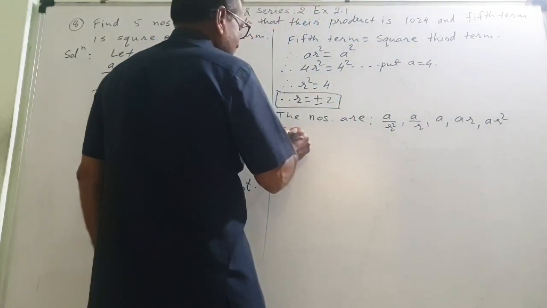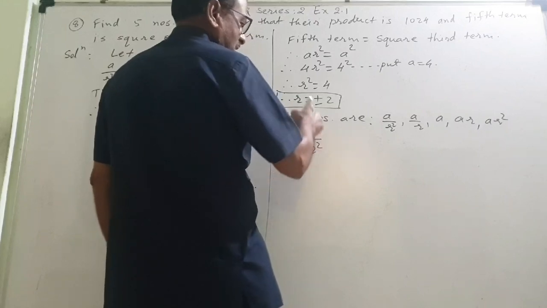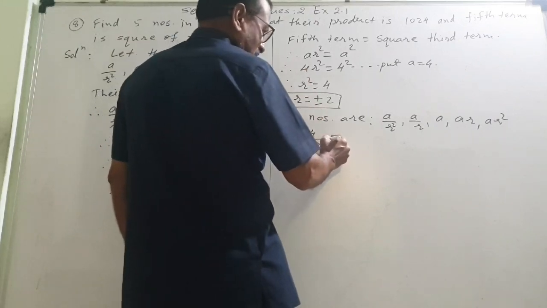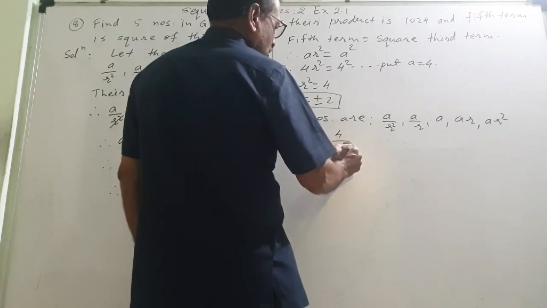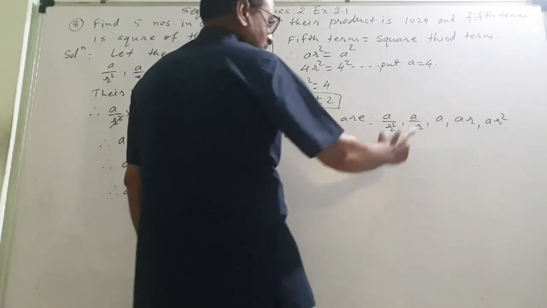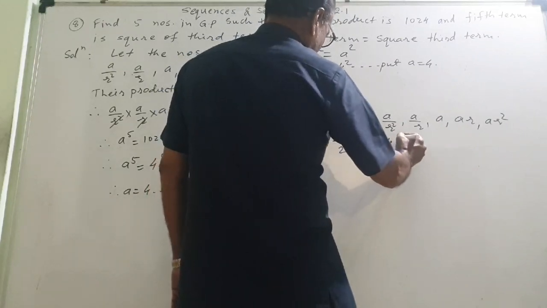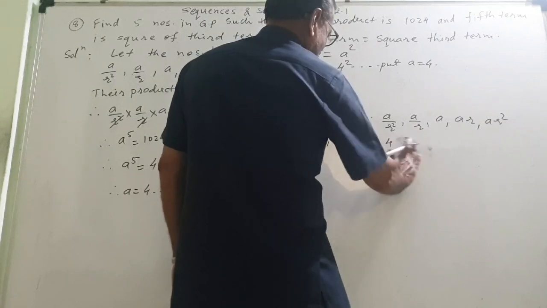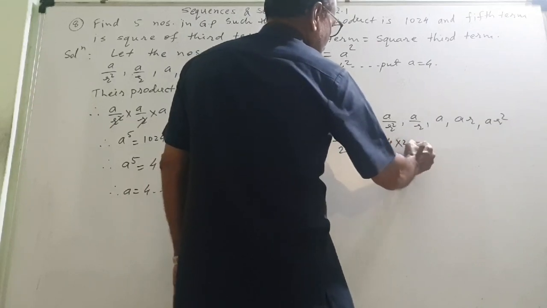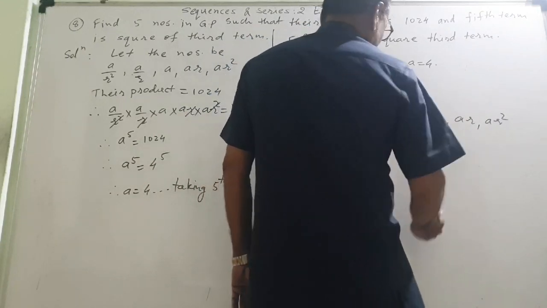That is, a is 4. Upon 2 square, positive I am taking. Then 4 upon 2, comma, a is 4, comma, ar means 4 into r, which is 2. I will write only 4 into 2, comma, ar square is 4 into 2 square.